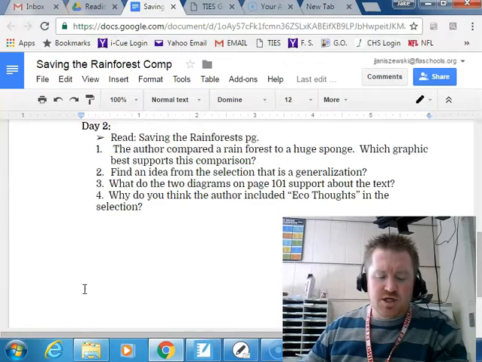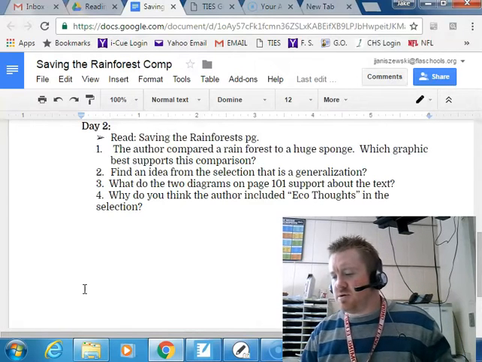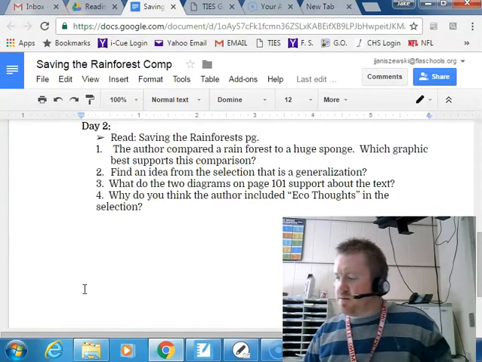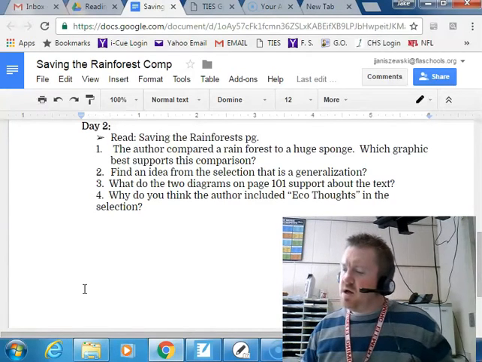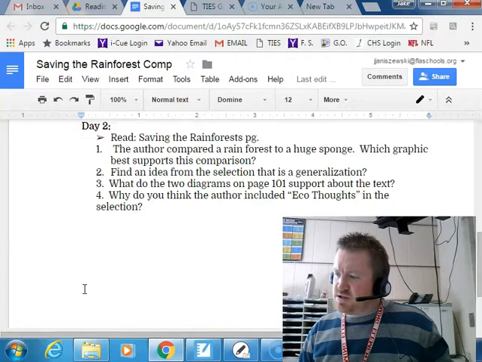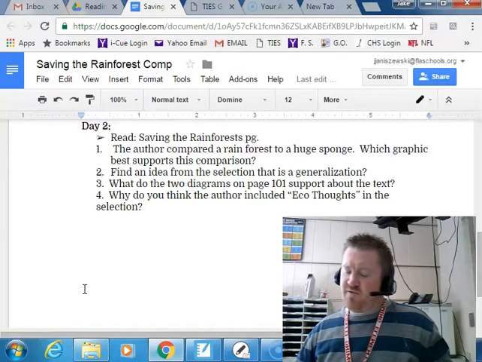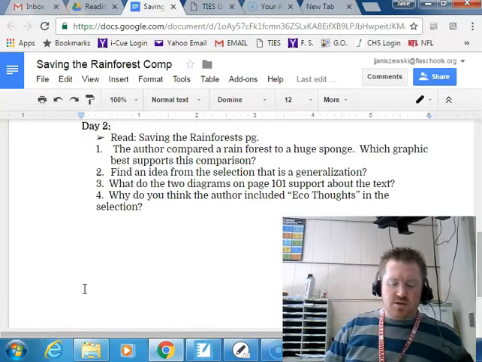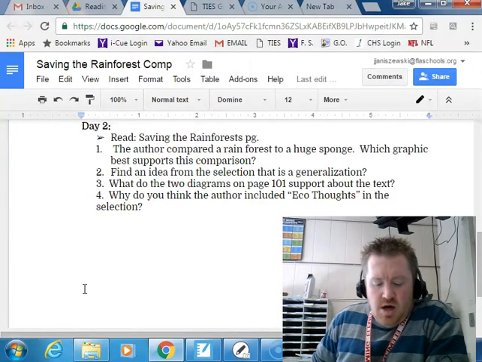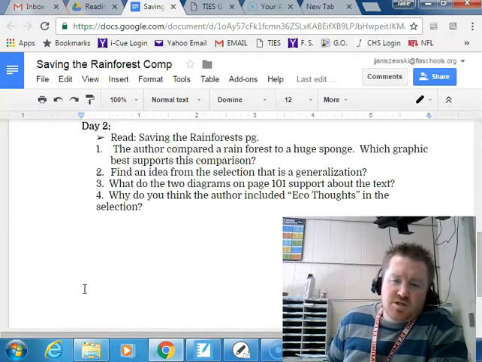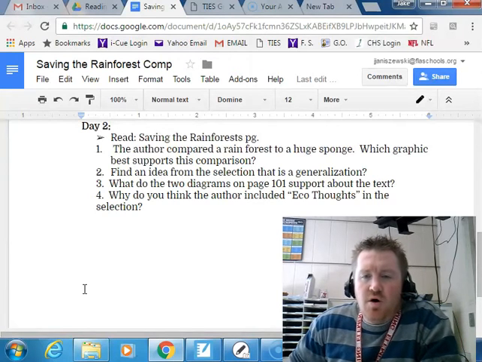Number 2, find an idea from the selection that is a generalization. One of the generalizations they talk about on pages 102 and 103 and even into pages 104 and 105 is how most wood is taken from the rainforest and sold to other countries.